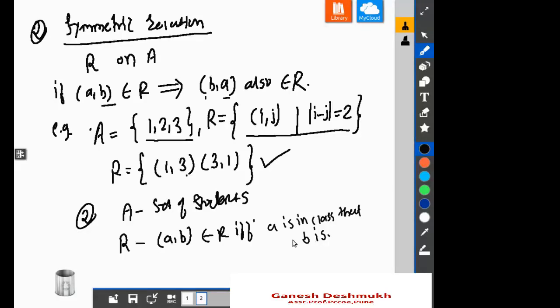So clearly it indicates that B is also in a class where A is in. Means if (A, B) belongs to R, it implies that (B, A) also belongs to R. So clearly this relation is symmetric.